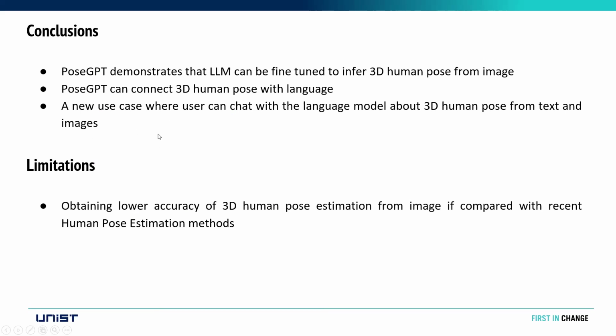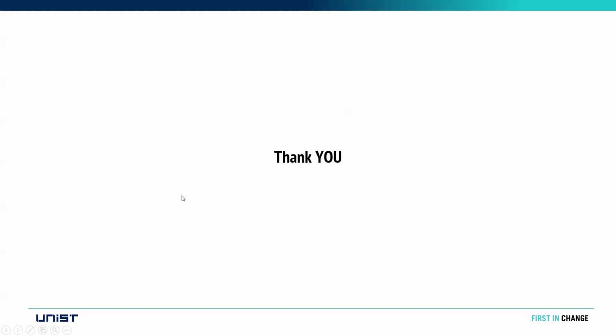It is a new use case where users can chat with a large language model. Even though it can estimate the 3D human pose, there is still a limitation in providing good accuracy. So that is my presentation. Thank you.